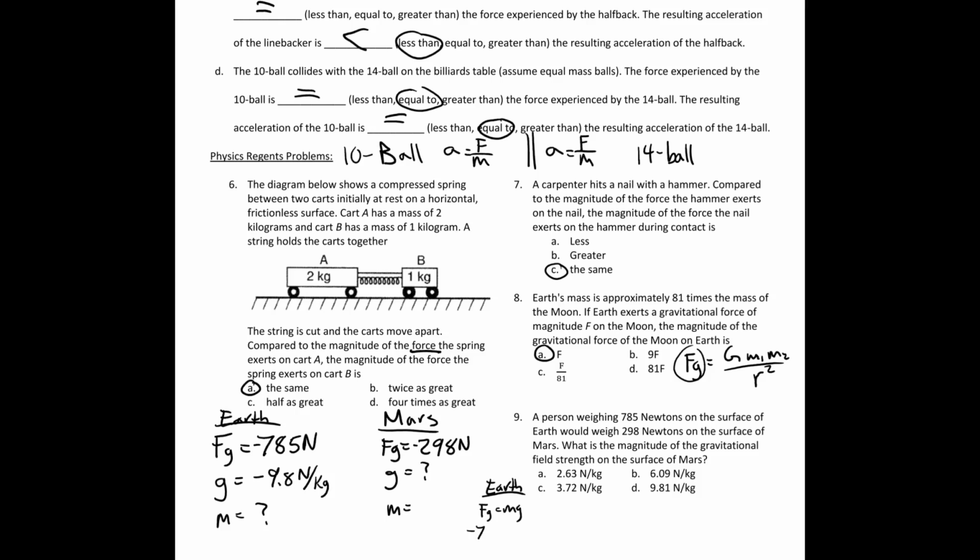So negative 785 is equal to the mass times negative 9.8. So the mass of this person is equal to around 80.1 kilograms. They don't lose an arm or anything when they go to Mars. The number of atoms roughly stays the same. So you could say that they're still the same mass, 80.1 kilograms, when they're on Mars.